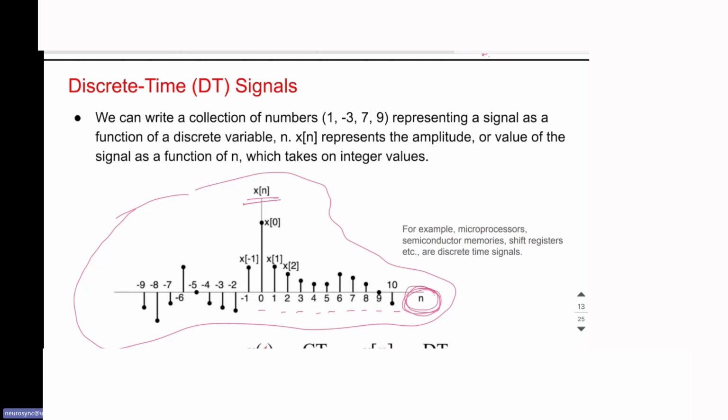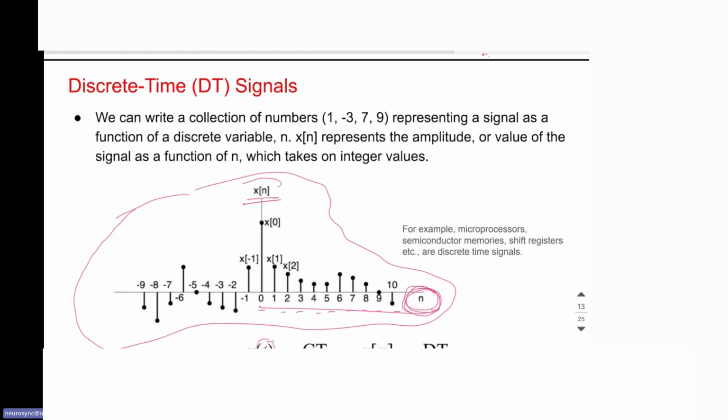How do we represent a continuous time signal? x of t is the representation of a continuous time signal, a variable changing with respect to time t. In discrete form, the variable changes with respect to n, a discrete variable, the sample, from 0 to, as you can see here.